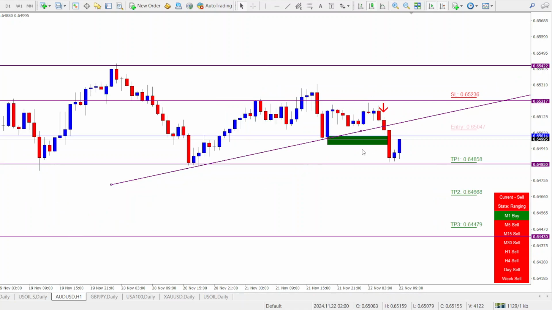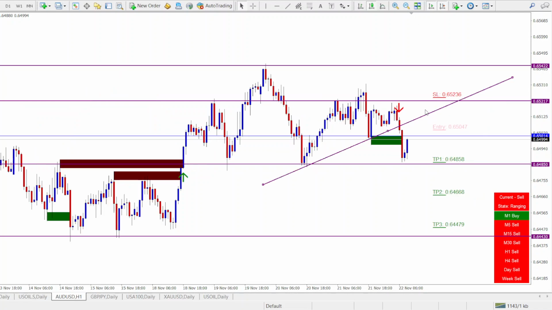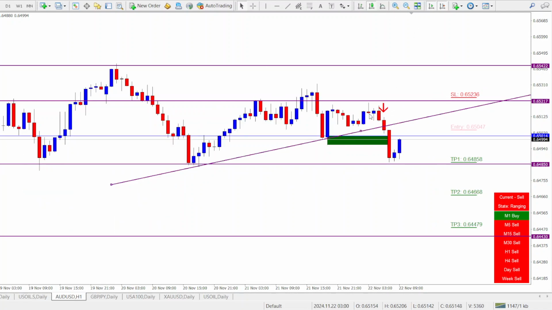Watch out for possible bearish and bullish reversal patterns. For example, here we can see a bearish reversal pattern. This gravestone doji that appeared here was a sign that a bearish move was imminent, and shortly after that we had a bearish move.